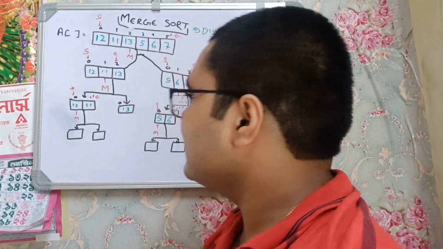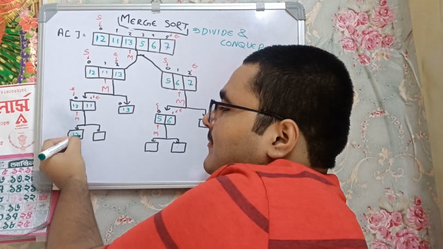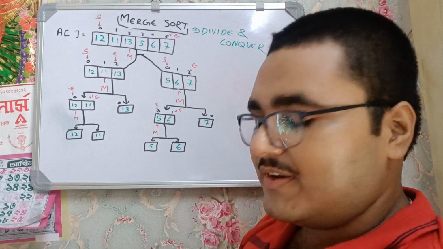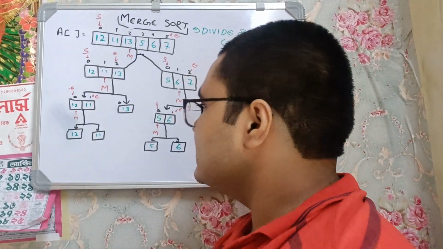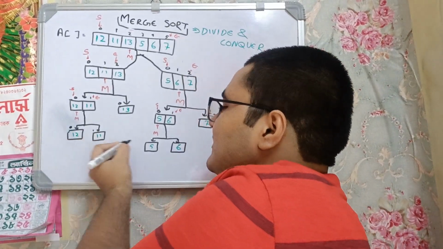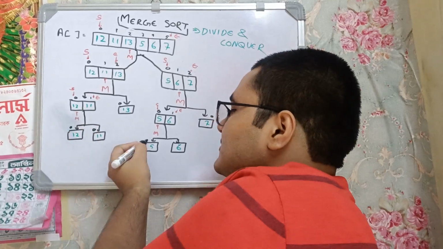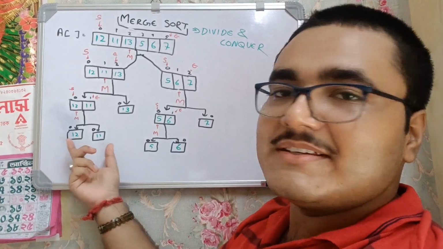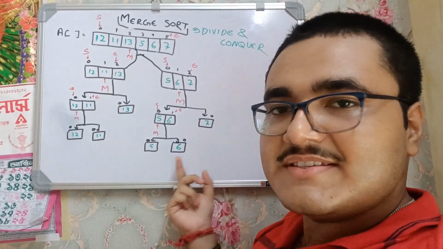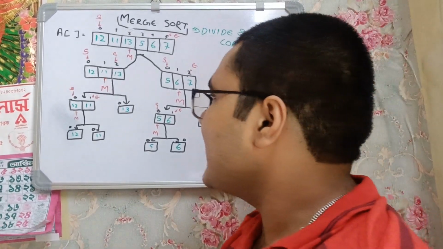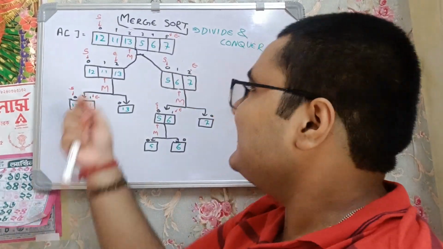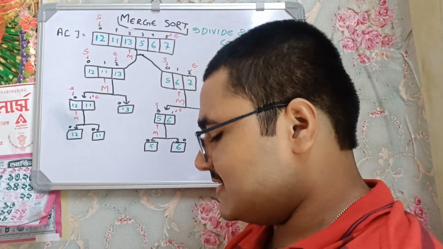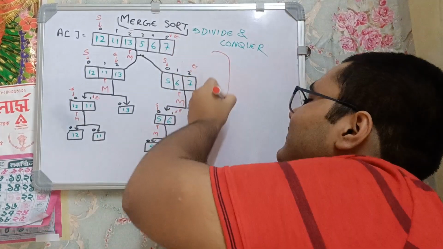So 12, 11, 5, 6 and 7. These arrays are now containing all single elements, right? So we have completely divided this long array into this portion. Fine.